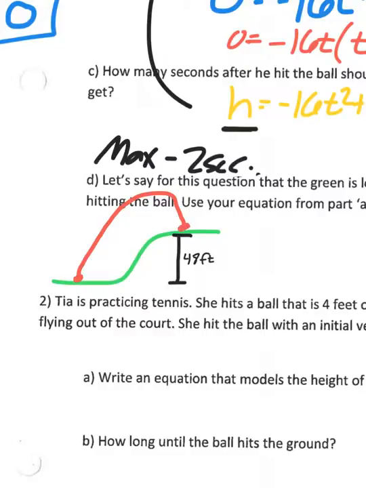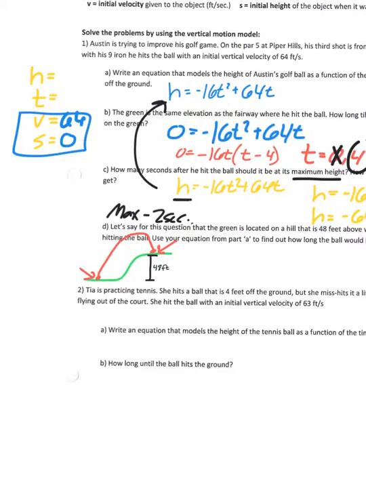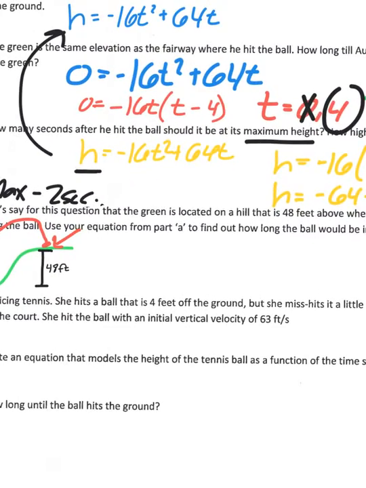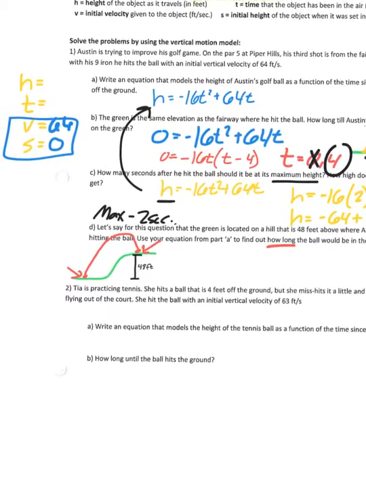Well, now the initial spot, our initial height, is still 0. But what I'm now trying to find is when this ball is at a height of 48. And so, as I'm making up my new equation, and I'm trying to find out a time, that gives me the hint that t is what I'm trying to figure out, and I know the heights.